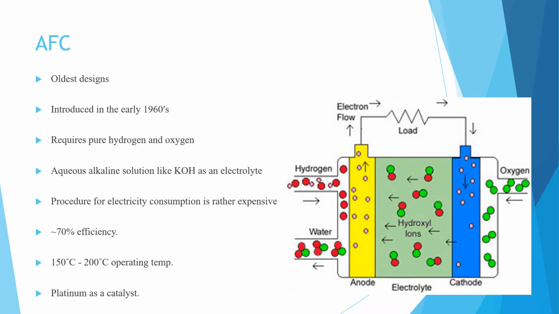It produces electricity, but consumption is rather expensive. The efficiency of this fuel cell, the alkaline fuel cell, is about 70%. And the operating temperature of this fuel cell lies between 150 degrees Celsius and 200 degrees Celsius.